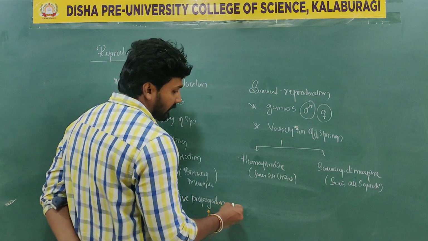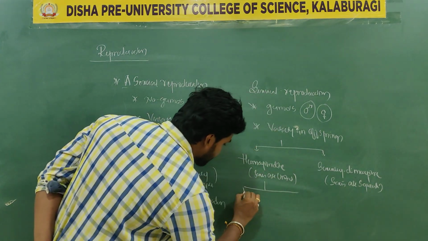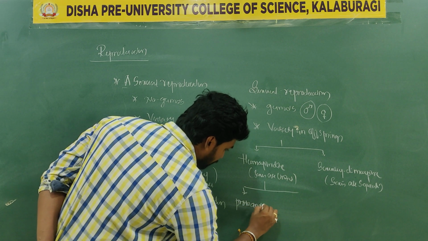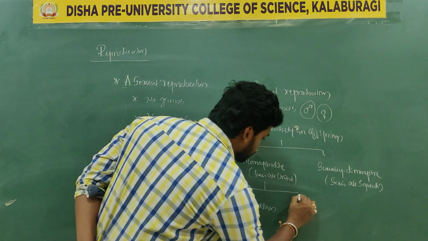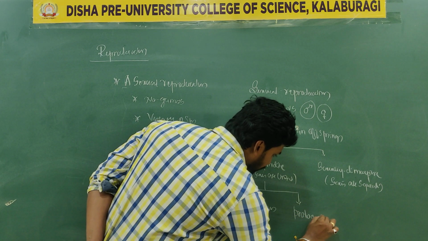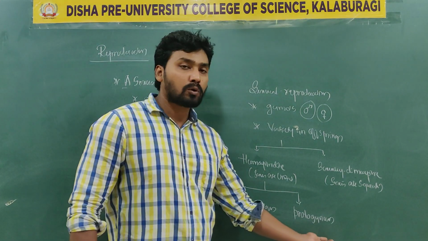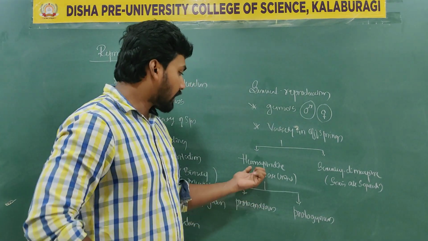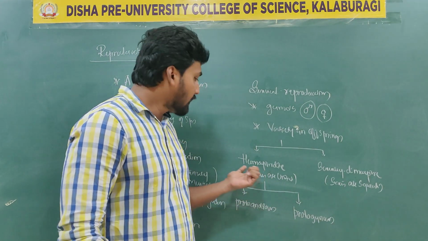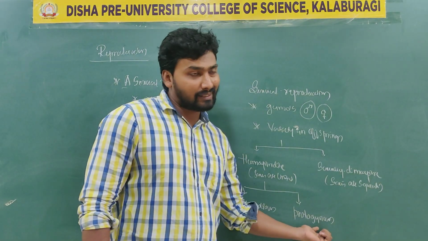Hermaphrodites are again classified as proto-androus and proto-gynous. So organisms in which the sexes are united are again classified as proto-androus and proto-gynous.